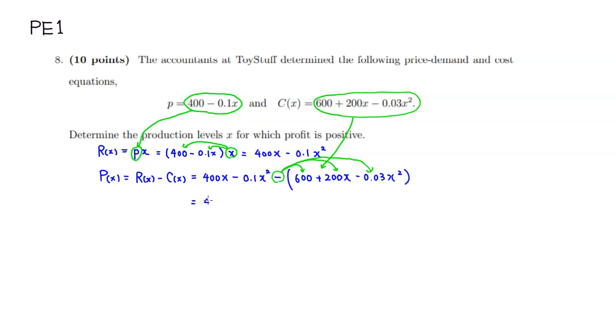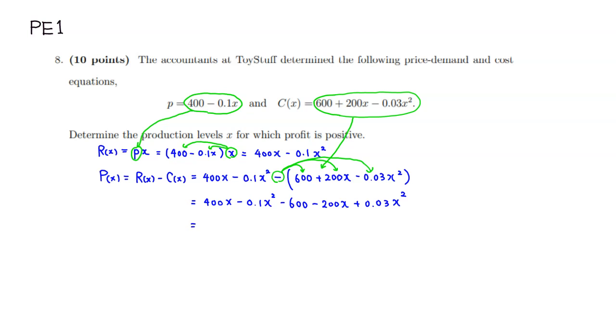I'm going to leave the first two terms for now. The negative sign is distributed, so it's negative 600, minus 200x, and a plus 0.03x squared. Let's collect the like terms.